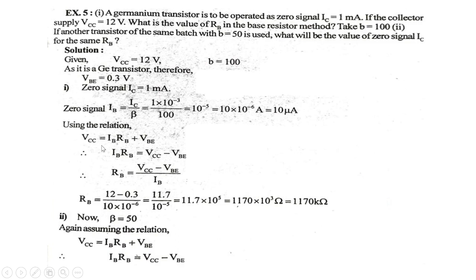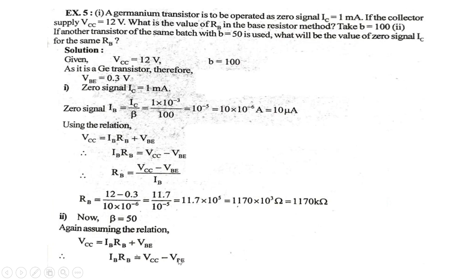Using the relation VCC equal to IBRB plus VBE, therefore IBRB equal to VCC minus VBE, therefore RB equal to VCC minus VBE upon IB, equal to 12 minus 0.3 upon 10 into 10 raised to minus 6, that is 11.7 upon 10 raised to minus 5, equal to 11.7 into 10 raised to 5, equal to 1170 into 10 raised to 3 ohm, that is 1170 kilo ohm.